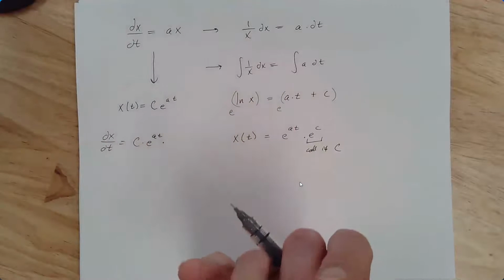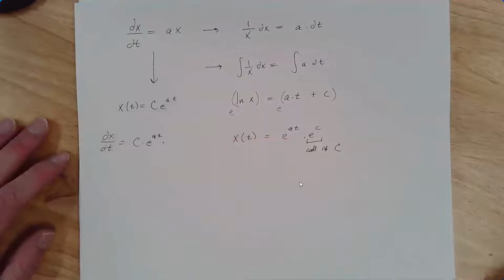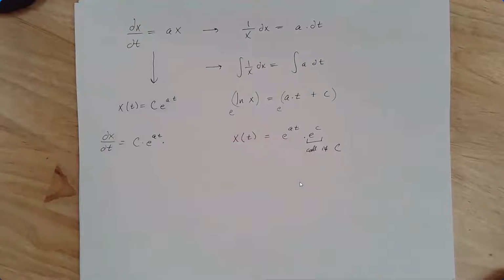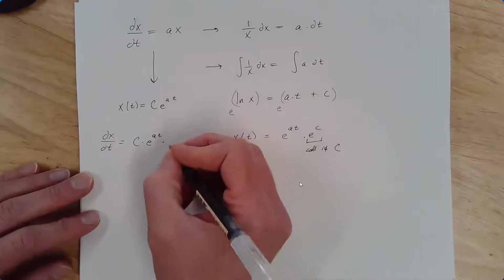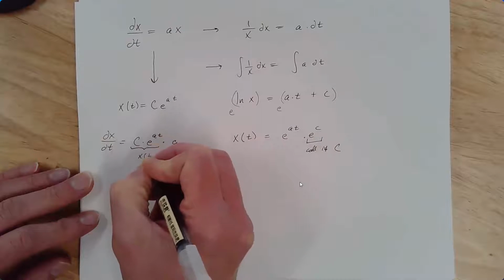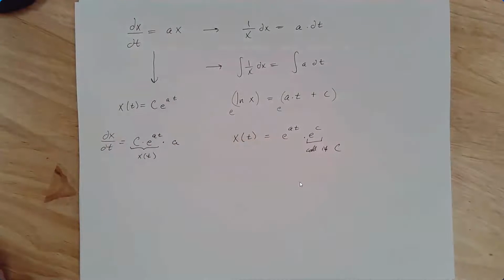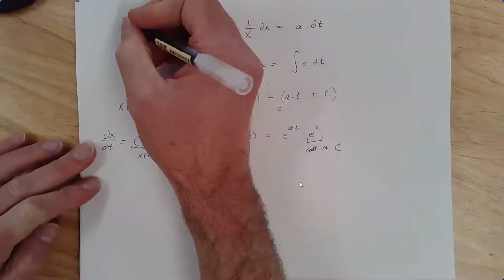Everybody, what's the derivative of 7x? Right. So what's the derivative of a constant times the variable? Just the constant. So what's the derivative of at? Right, it's a. But look, that's exactly a times x. So the derivative of this is really a times x, just like we started out with.